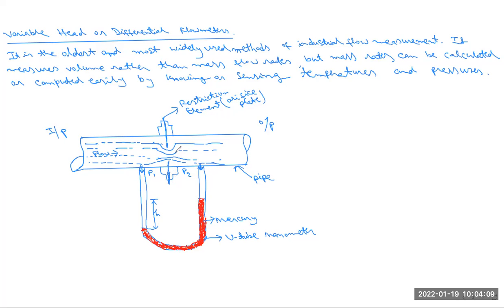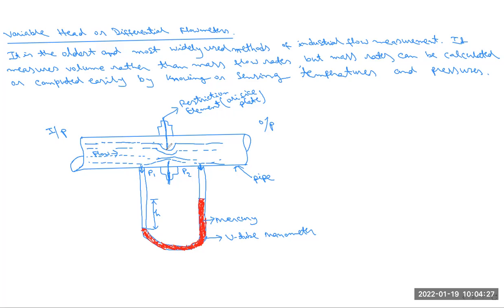Okay, so these variable head flow meters operate on the principle of restriction of the pipe of the different fluid. It is introduced by an orifice plate or venturi tube. Sometimes we use a venturi tube.